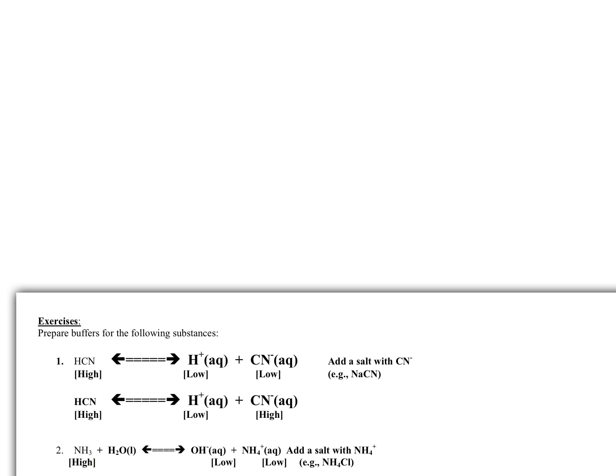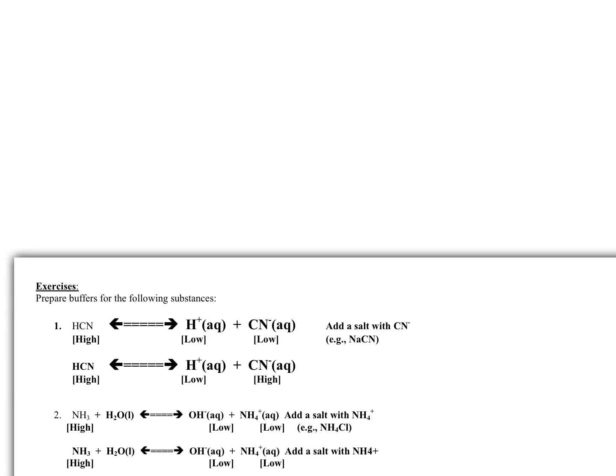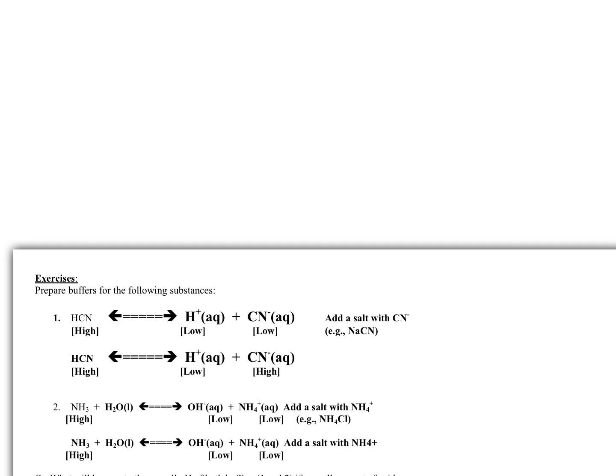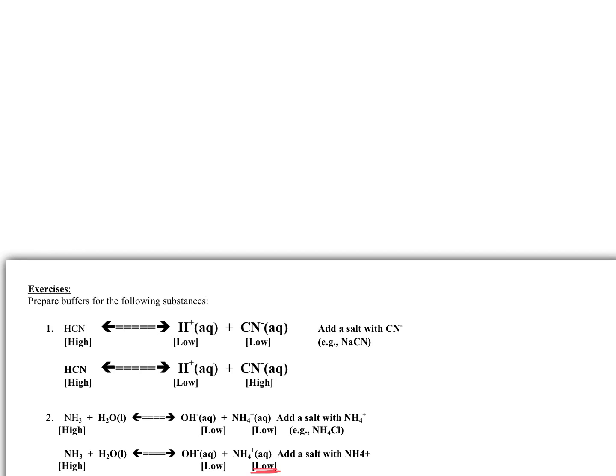The conjugate of NH3 is therefore the NH4. I want a high concentration of both the weak base and its conjugate, so add a salt that would have NH4. Any salt that contains NH4 would therefore increase the concentration of NH4 to be high, and therefore you have a buffer.